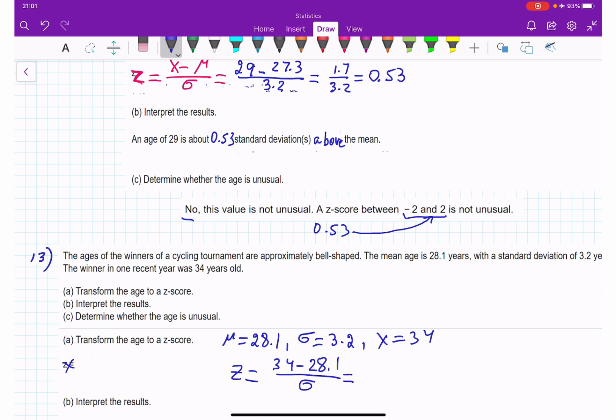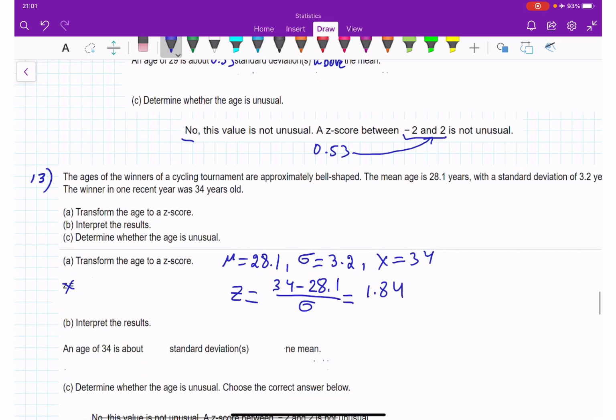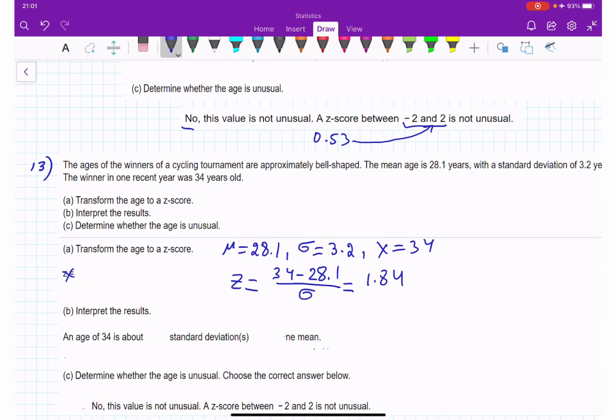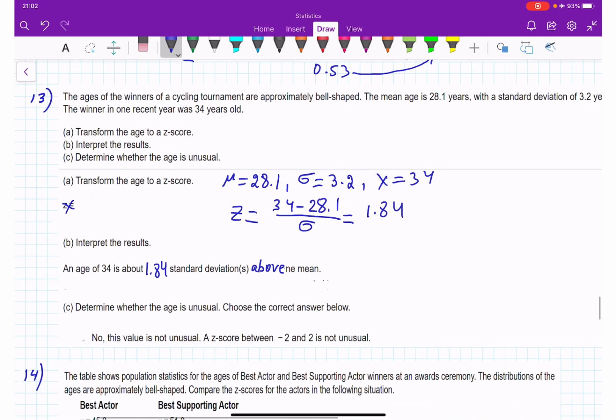If you calculate all this, you get 1.84. And an age of 34 is about 1.84 standard deviations above the mean. And it's not unusual because 1.84 is falling in this range.